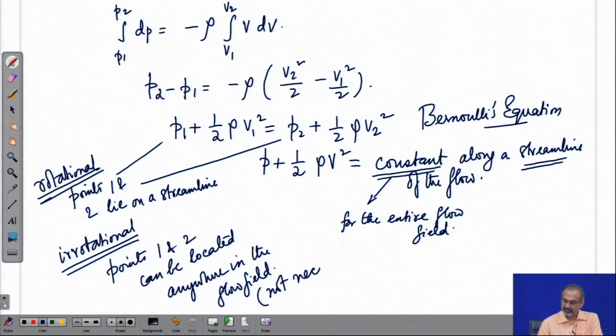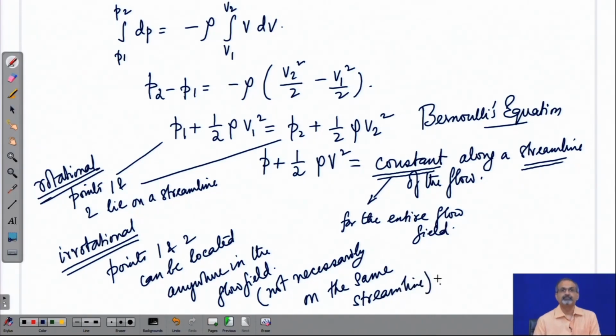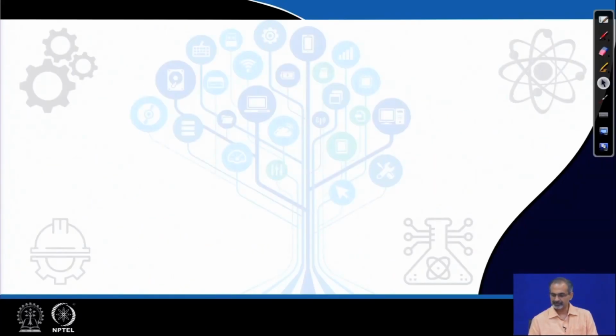Not necessarily on the same streamline. So, these are very, very important concepts. We will expand more on these concepts in a later lecture.